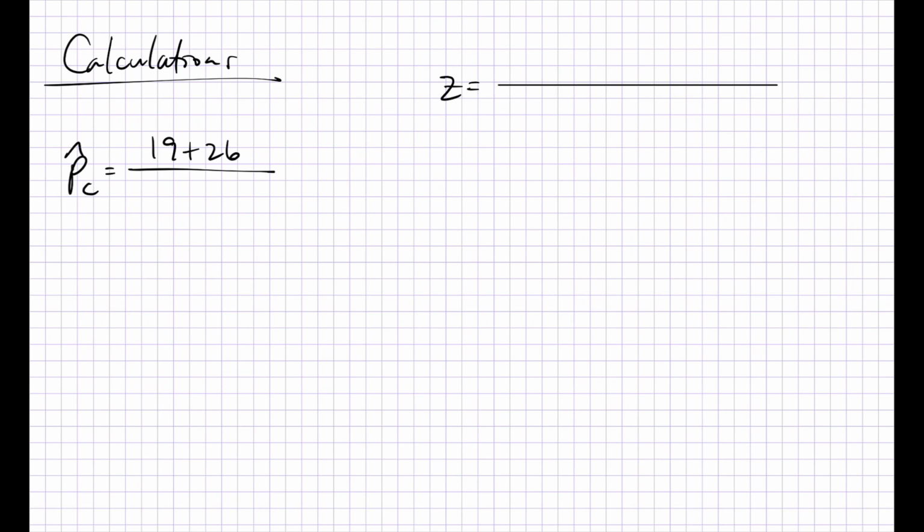If we add the denominators, we get 80 plus 150. So that's 230 on the bottom over 45, which is 0.196.